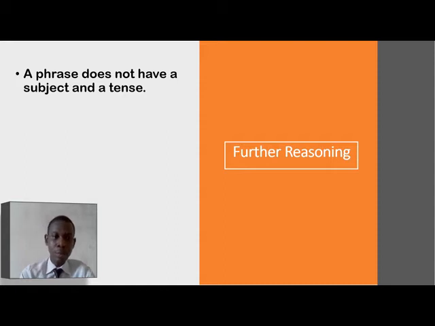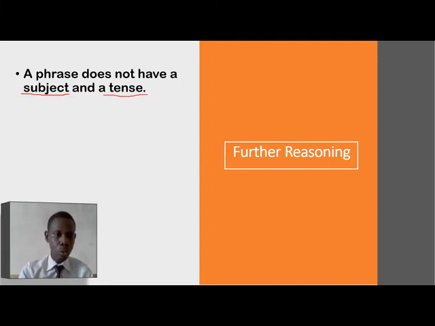Now you can see a verb there, but it will not be a finite verb, and there are a lot of cases where you will not even see any verb at all. So basically, as it doesn't have a finite verb, it will not have a subject, and at the same time it will not have a tense even if it has a verb.